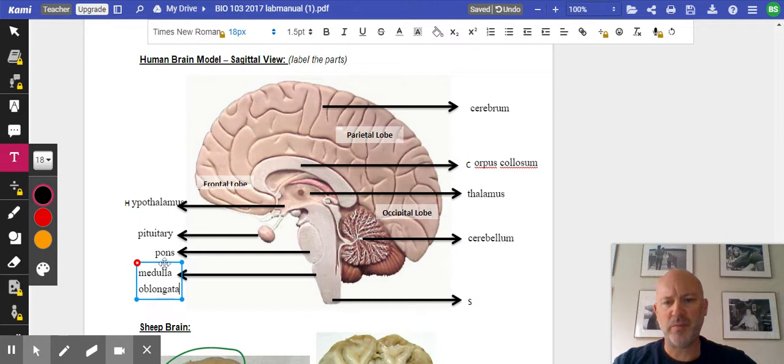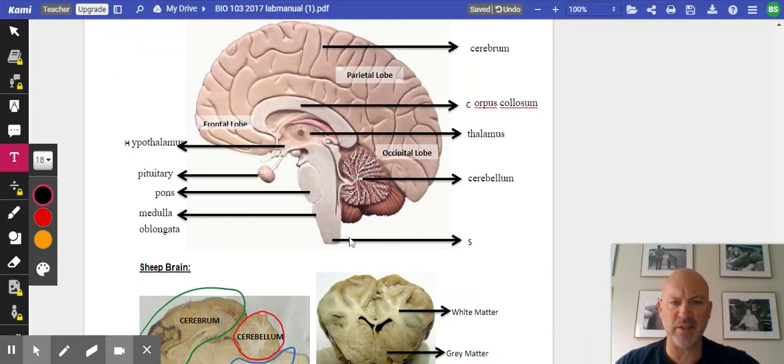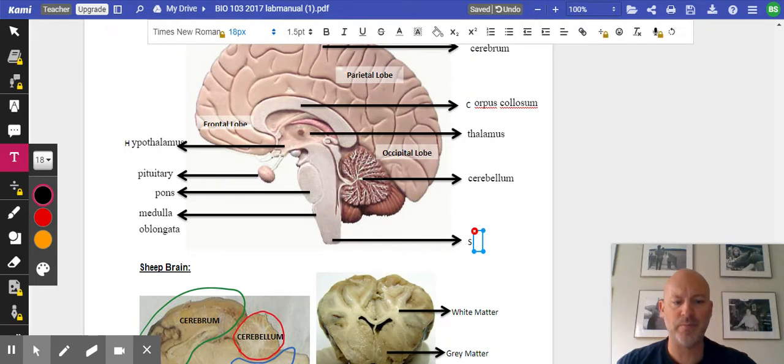And the medulla is the center for involuntary actions. So it controls those things that you don't really need to control. Things like heart rate, digestion, all those other things. And then the brainstem leads to the spinal cord down here.